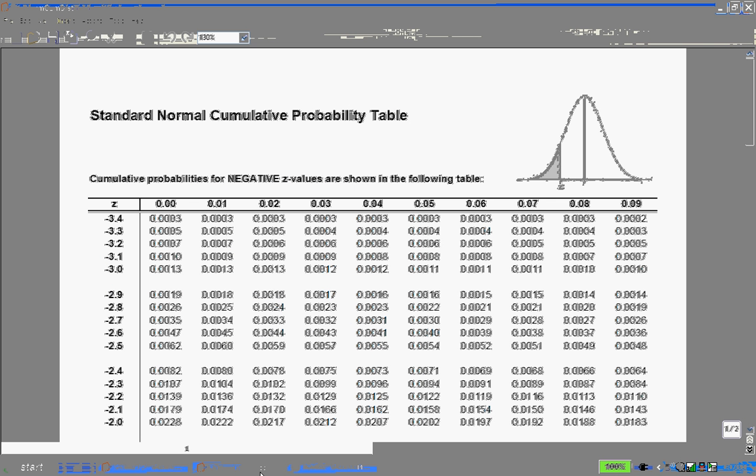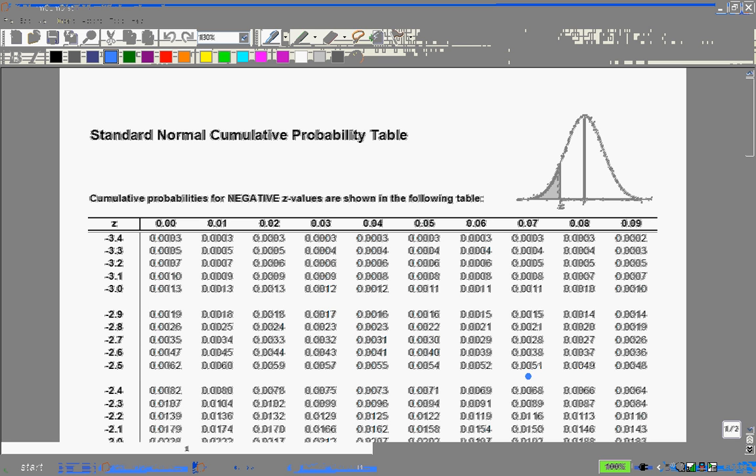Okay, so I want to be in the tail, so I'm going to use my negative table, and I'm looking for something that is as close to 0.005 as possible. And it looks like right in here we have 0.0051 and 0.0049. You could either choose one of them, or sometimes you can split the difference. So sometimes I leave the decision up to the students because either answer is going to be so close it shouldn't matter.